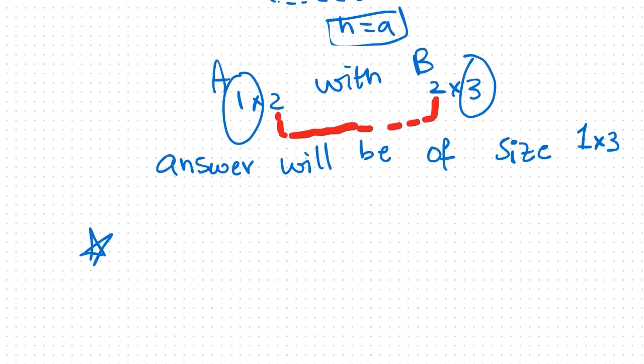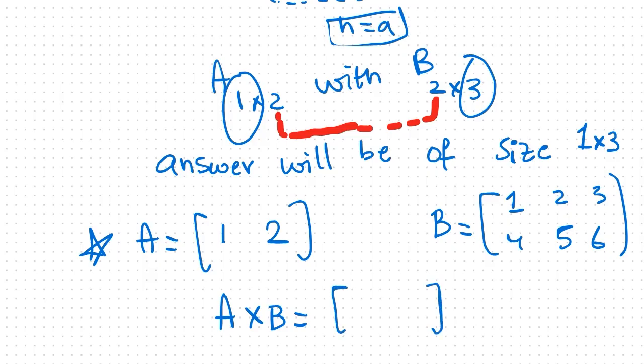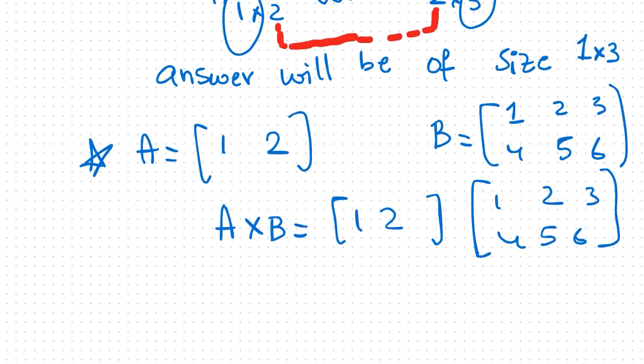So let us see how we multiply matrices. Let's say I take a simple example, 1 into 2: 1 comma 2. This is 1 into 2 size. And 2 into 3 means, let's say 1, 2, 3, 4, 5, 6. Try to multiply A and B. There is a pattern to multiply things.